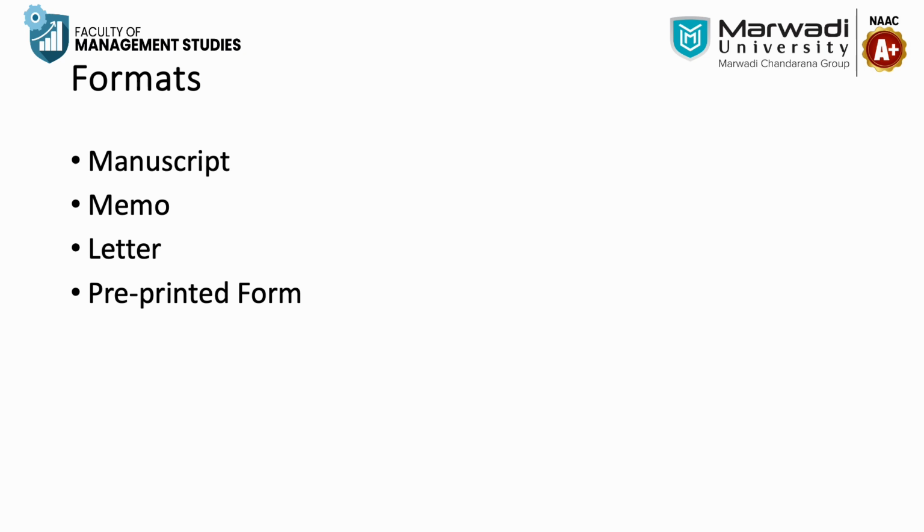Next one is memo format. We have already discussed what is a memo, and reports can be written in a memo format. So information can be part of the memo, or there can be an attachment also. For example, you are writing a memo to another department, HR department, let's say, saying that we need this many employees in the coming 3 months.